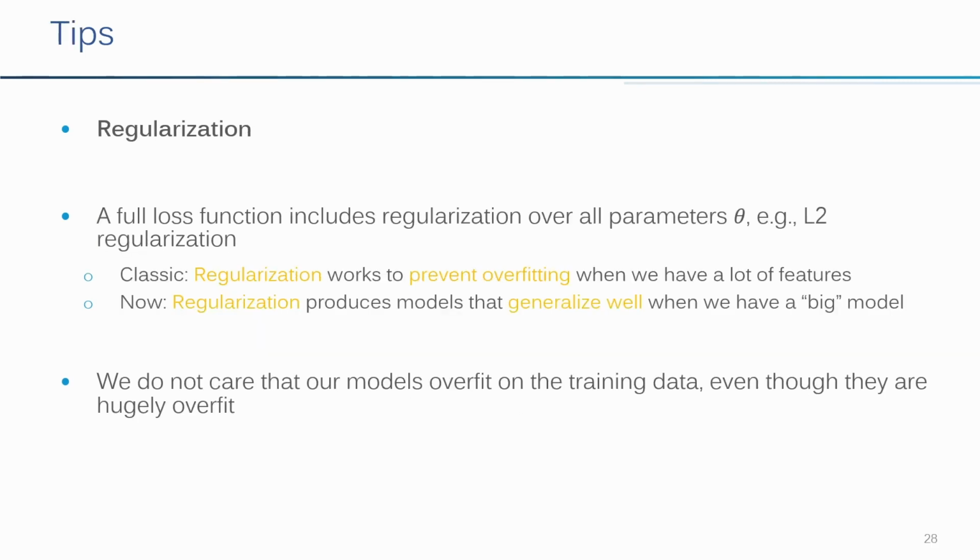And then we should go over some tips. I hope I cover most of the tips right now before we get to the workshop later on. On top of this, we have regularization. Before, we would apply regularization to prevent overfitting when we had a lot of features, but that was when it was initially proposed.